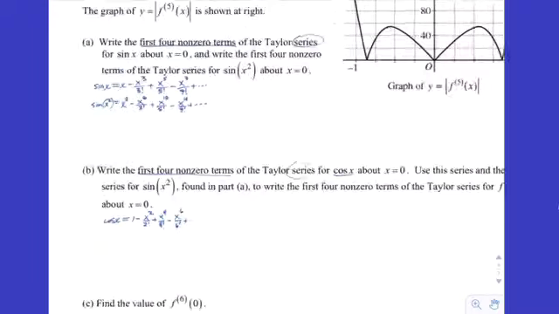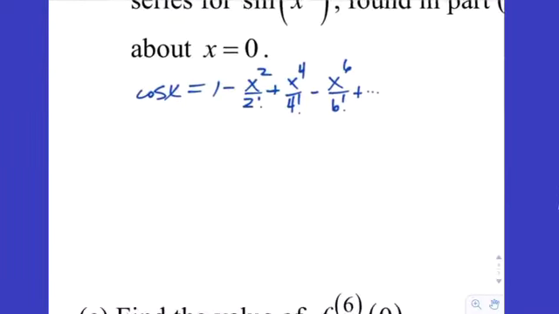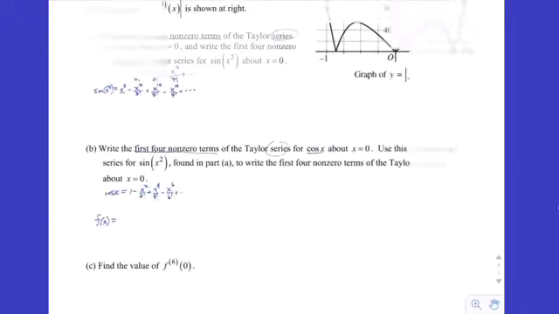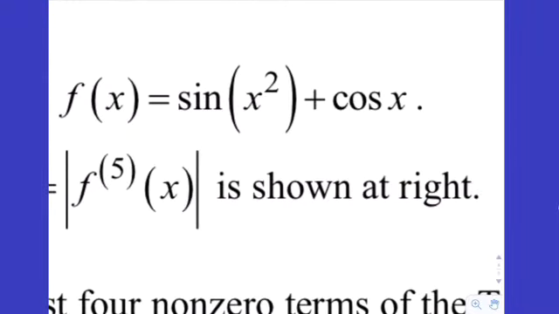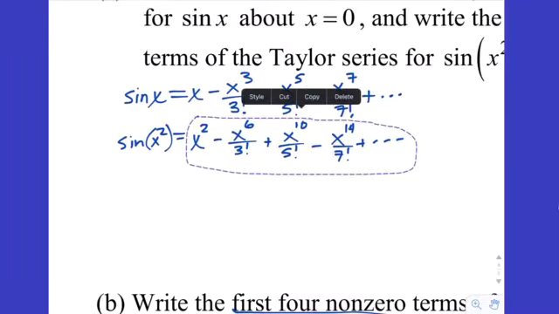Okay, and now it says to use what's in part A to write it for f of x. So here we go. F of x is going to equal, if you come up here, it's the sine of x squared plus the cosine. So on the AP exam, you'll just have to physically rewrite it. But here I can copy it.